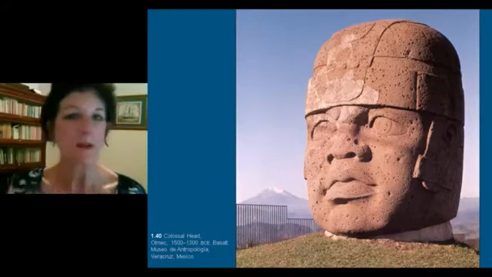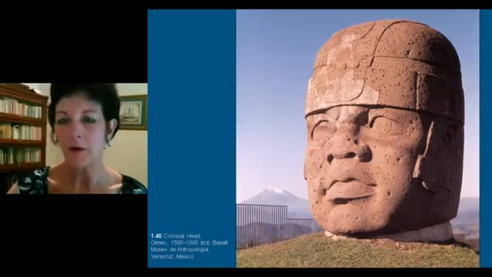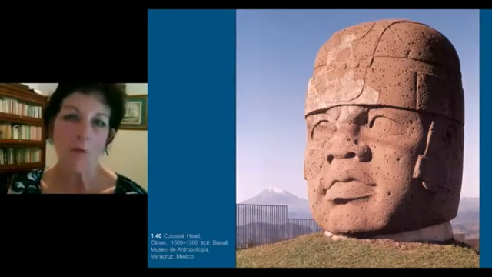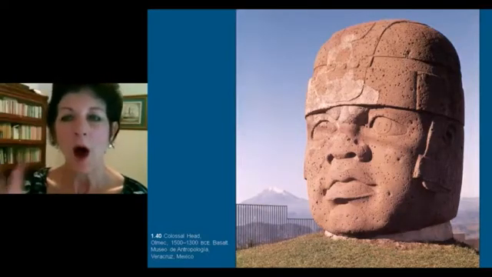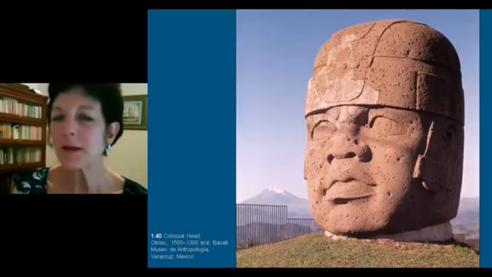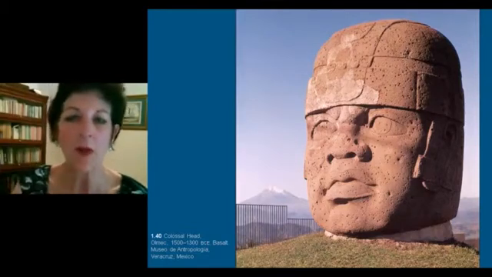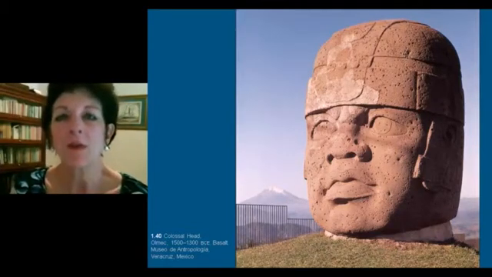Okay? That's just something that's innate in the human character. So this big, powerful head with this pockmarked face that's weathered by time, it looks very weathered. That's telling you that this is meant to endure.